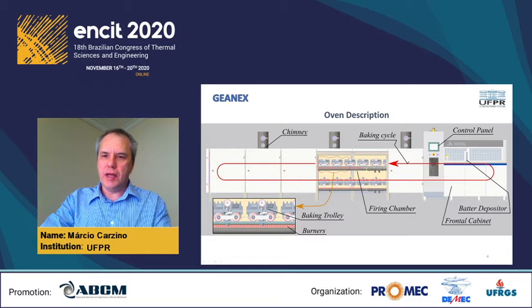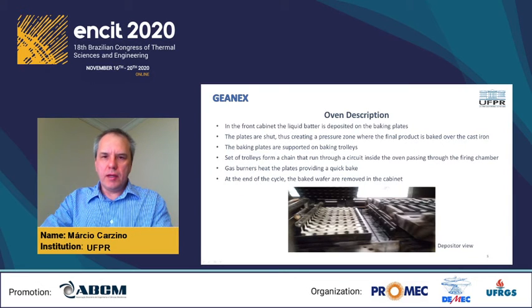The liquid batter is deposited on the baking plates and goes through the oven in a baking cycle, to the end and back to the front cabinet, where the baking plates are opened and the wafer sheets are released. Then, at the beginning of the oven, the liquid batter is deposited in the baking plate.